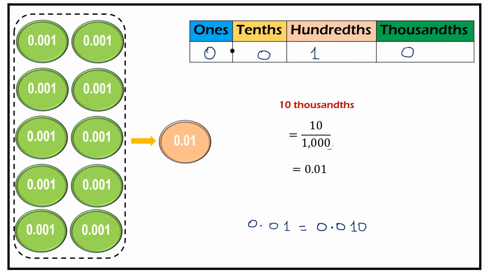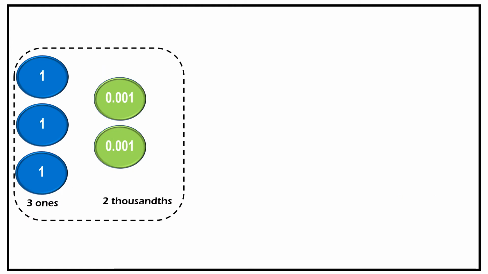This 0 is just a place value holder. We just write it there to fill the place value. So 10 thousandths is the same as 1/100th. I hope that this is clearly understood.